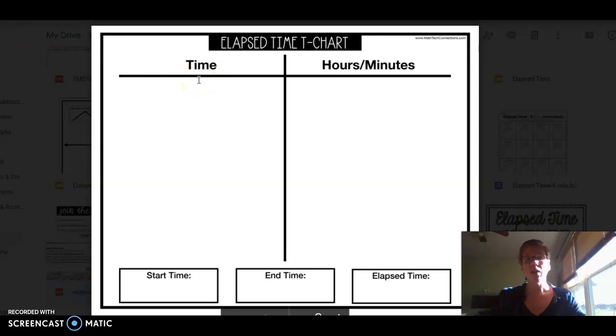Okay, that's the example. We are trying to figure out how much time has passed. So why don't we go ahead and use that as an example right now. What I'm writing down on my page, you're going to write down as yours. Start time: 11:45, that's when we go outside for recess every day. Then we come back in at 12:15.